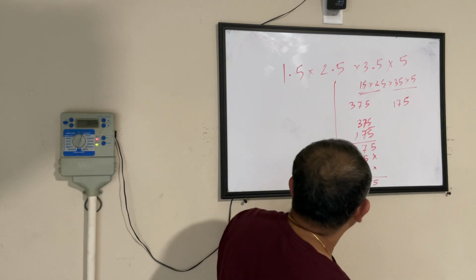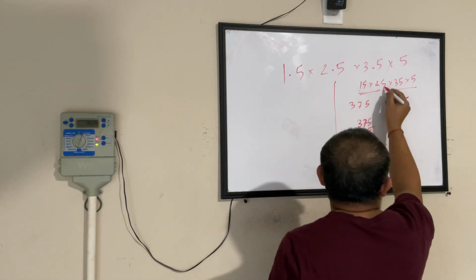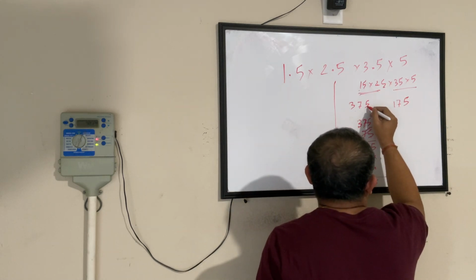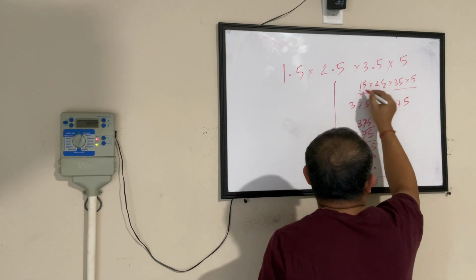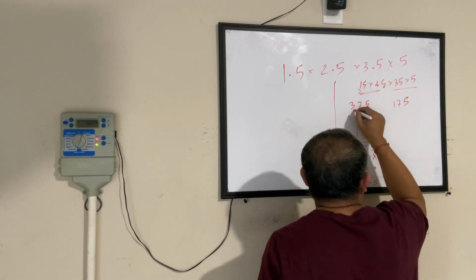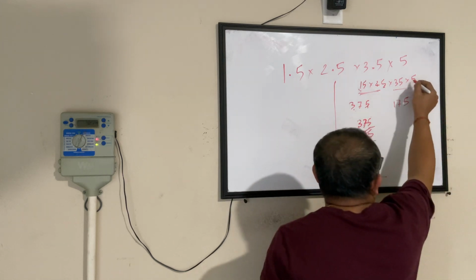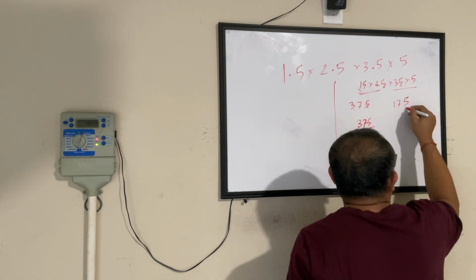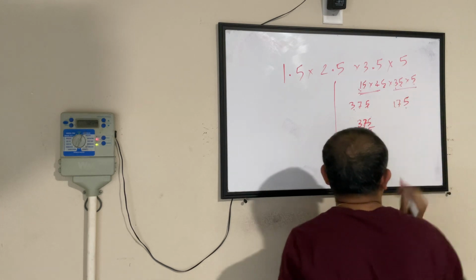Now let's see if I made some mistakes. 15 times 5 is 75, 7 carry forward, 15 times 2 is 30 plus 7, 375, this is fine. 5 times 5 is 25, 2 carry forward, 5 times 3 is 15 plus 2, 17, this is also fine.